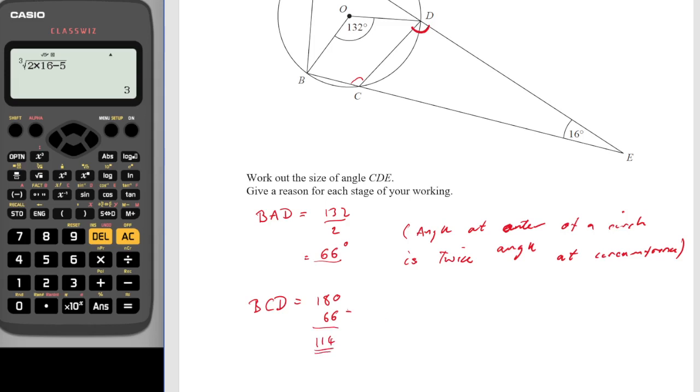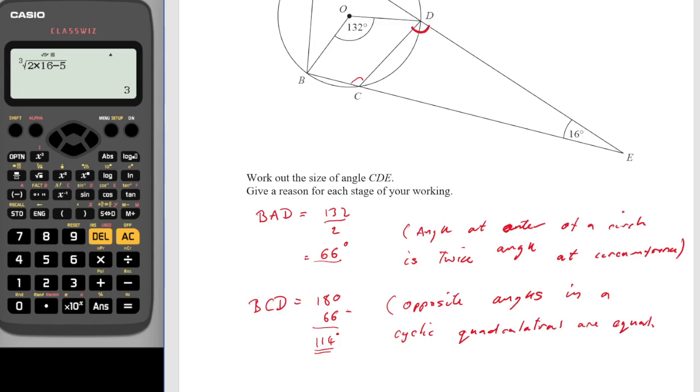And the reason for that is opposite angles in a cyclic quadrilateral add up to 180.